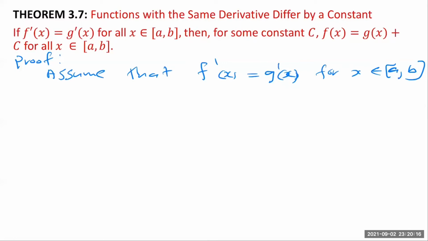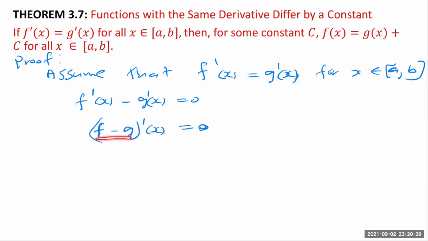Now I'm going to move my g prime of x to the left-hand side. You get f prime of x minus g prime of x is equal to 0. By the difference formula for derivatives, we have f minus g prime of x is equal to 0.